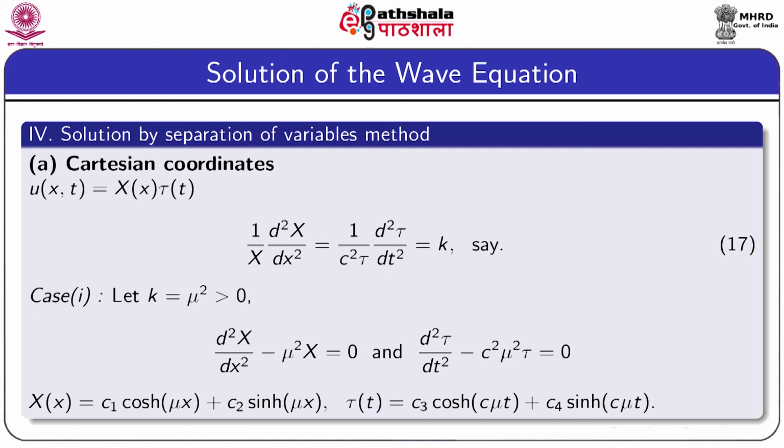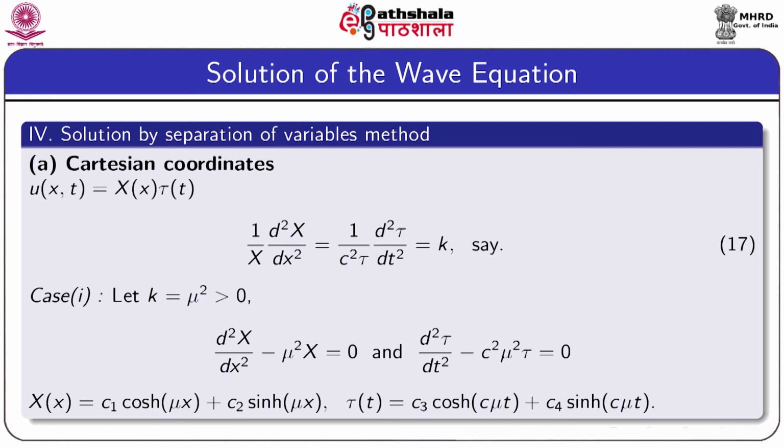Now, substituting the expression for u into the wave equation, we obtain the equation written in equation number 17. Now, we separate the functions capital X and capital tau in this way, and we assume that small k is our separation constant.